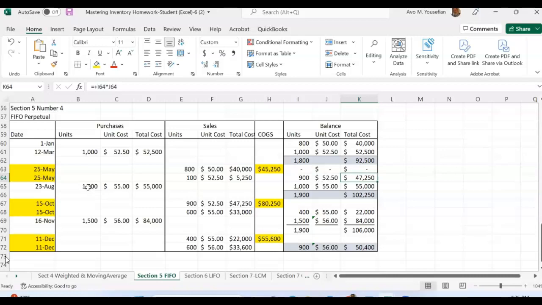However, just a few days later, in August, we purchased another 1,000 units at 55, and that's the cost. That 1,000 will be added to the balance. So it will be 1,000 units here. 900 plus 1,000, that's 1,900.